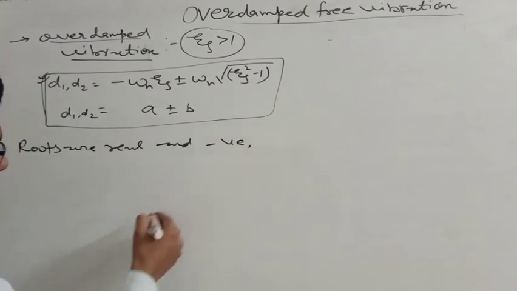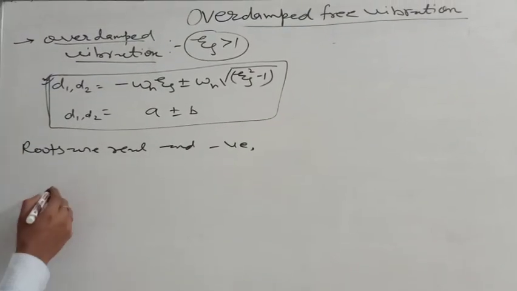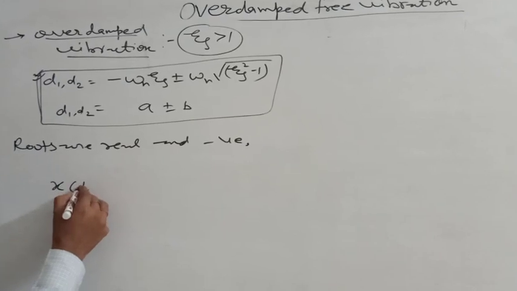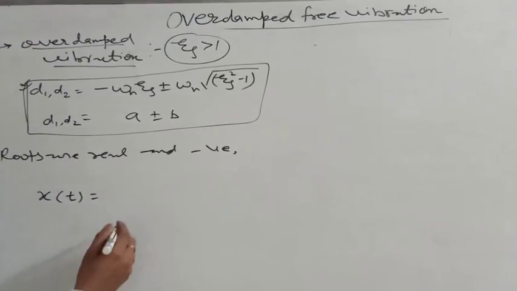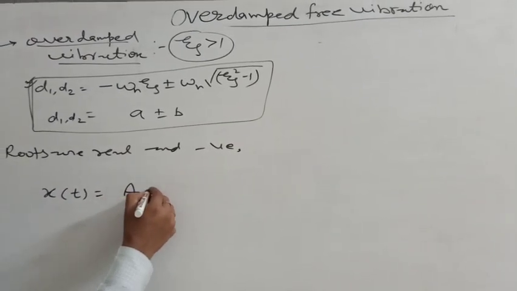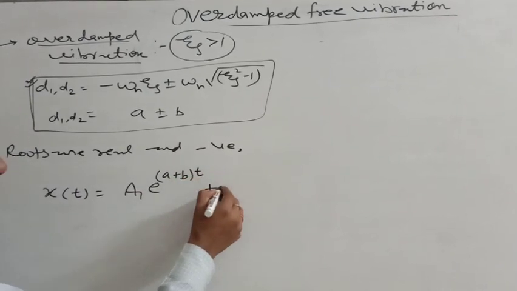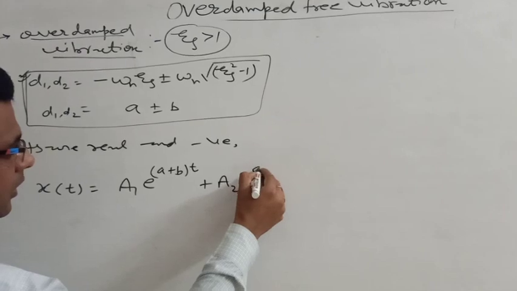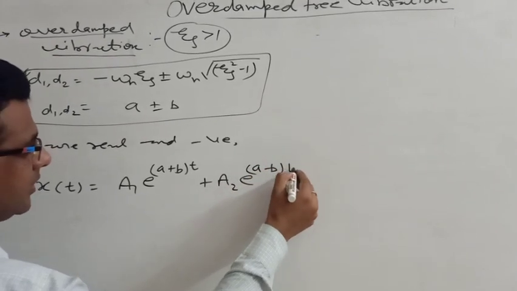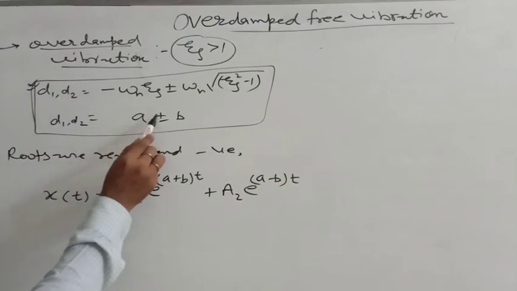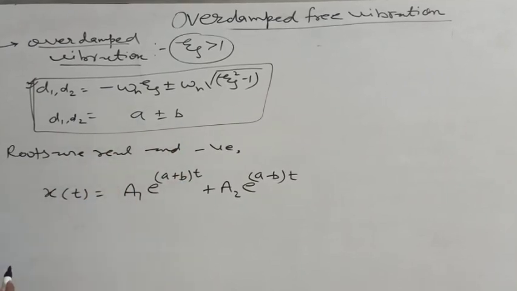And we know that if the roots are real and negative, then the equation of motion is given by constant A1 exponential power a plus b into t plus constant A2 exponential power a minus b into t. Firstly taking a plus b and then a minus b.